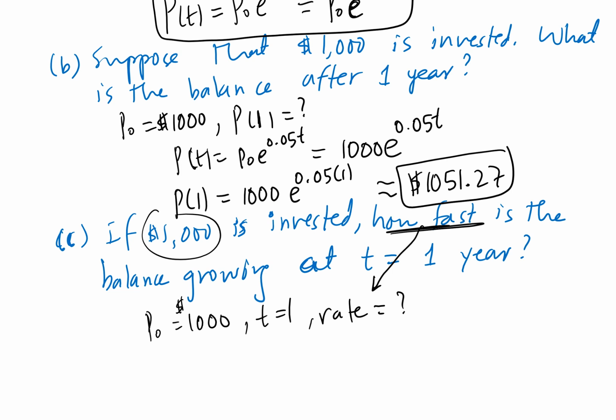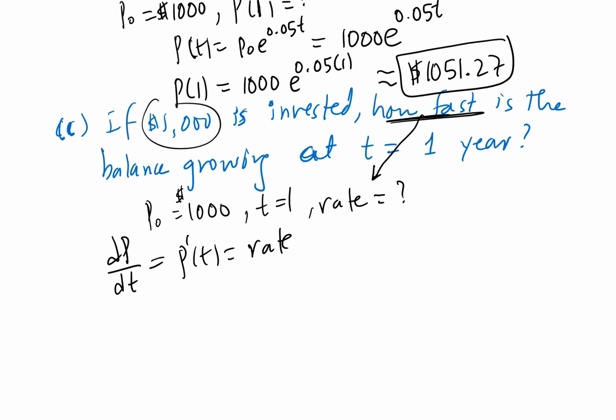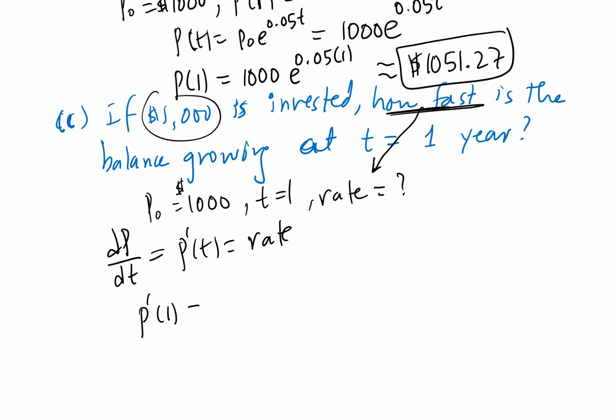So how do we find this out? The rate in this case is P prime of t, that's dP/dt. Specifically, they want us to find P prime at 1. Well, we had P of t.